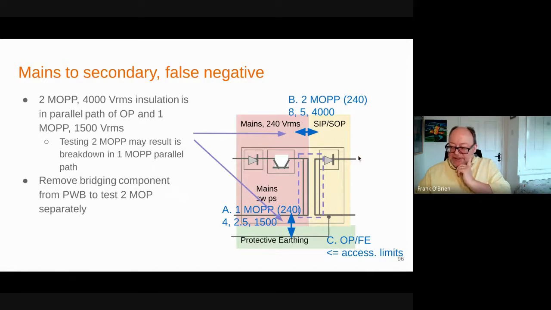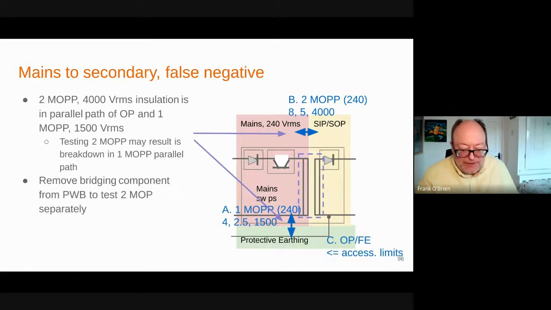But here you don't have that. Here this could open, and so you don't want that to break down in a two means kind of way. But here you can allow it to break down in a one means kind of way. And so by testing this with all this hooked up, you can't test it because you're overstressing this.